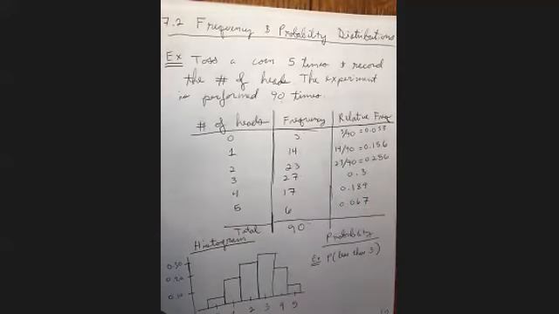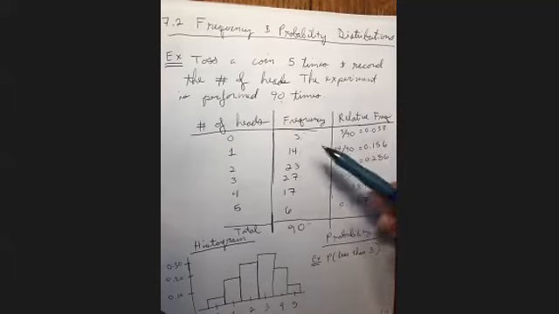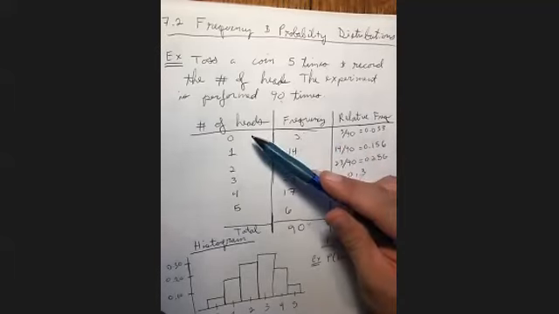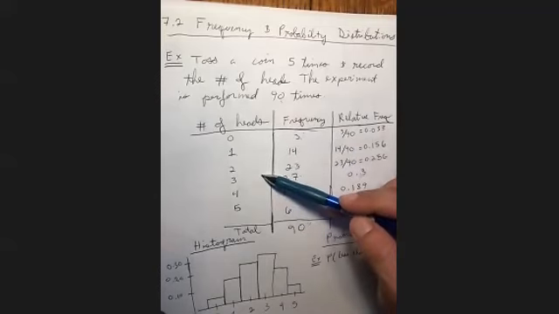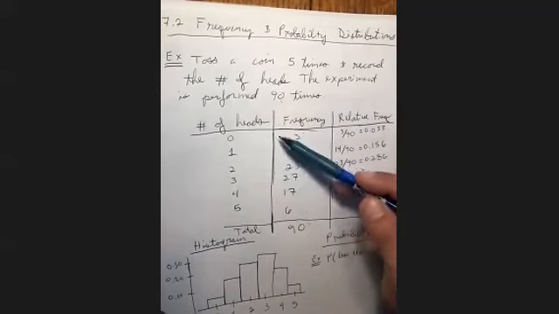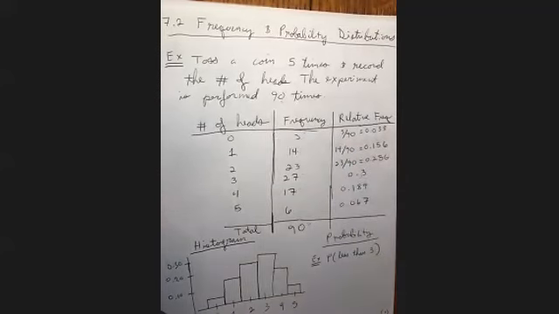So that's how relative frequency works, and you can see that it's easier to compare these results. Now we know that this is 30% and this is 3%, so this is a whole order of magnitude different. This is 10 times larger. So there are 10 times more occurrences of 3 heads out of 5 flips than 0 heads.